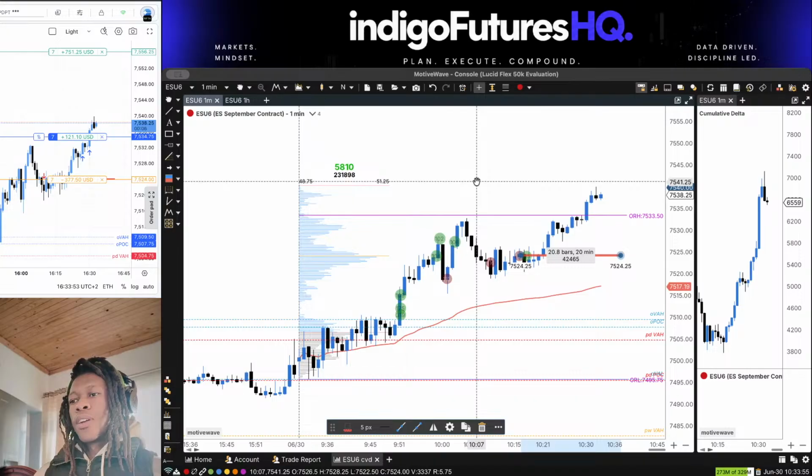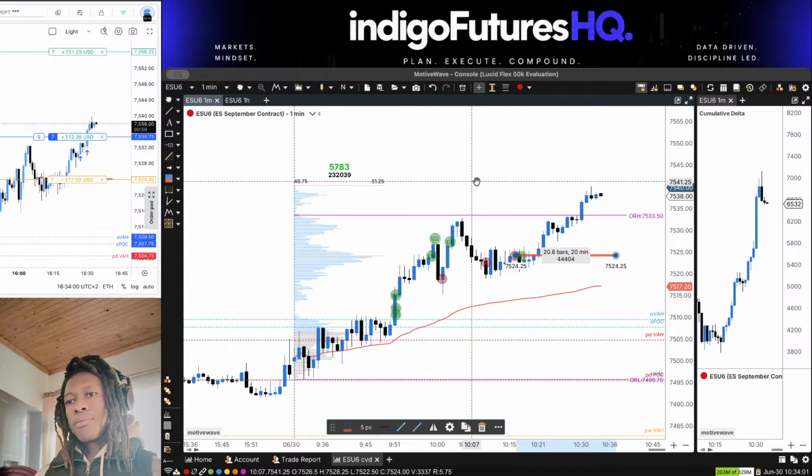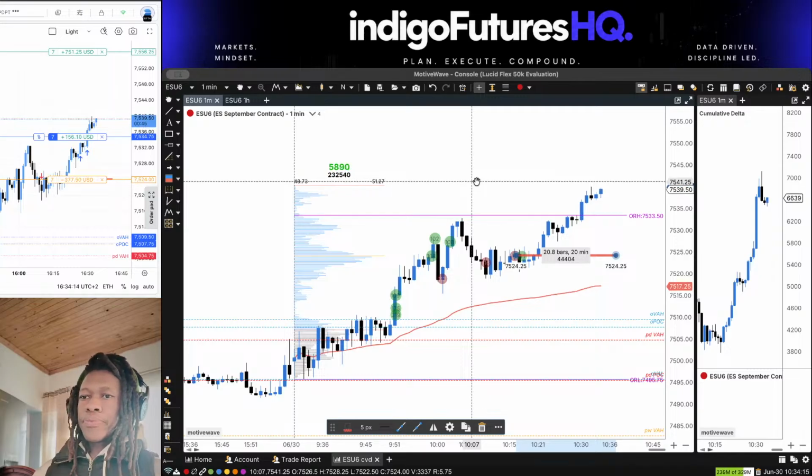Look, our value area high is above initial balance, so maybe we have a shot. Just maybe. Delta picking up, which is great.